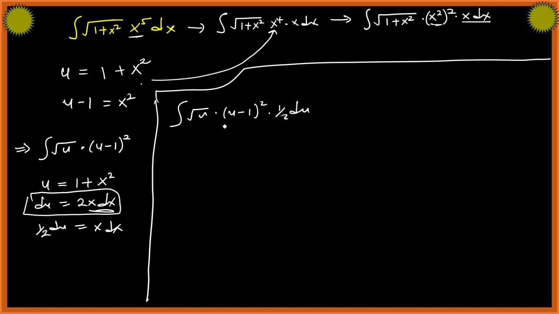So I think we have everything in terms of u, so we can now go ahead and simplify. We have the integral of u. Now let's expand this: u squared minus 2u plus 1.